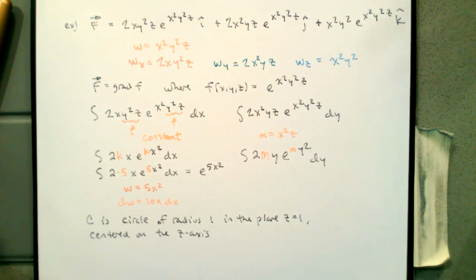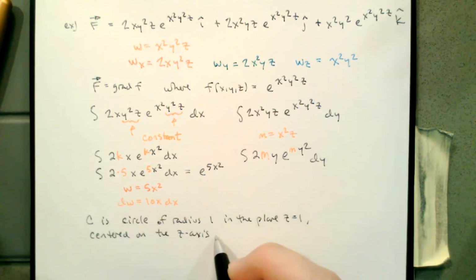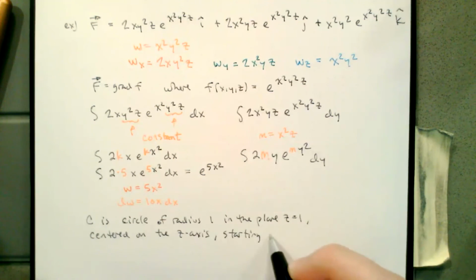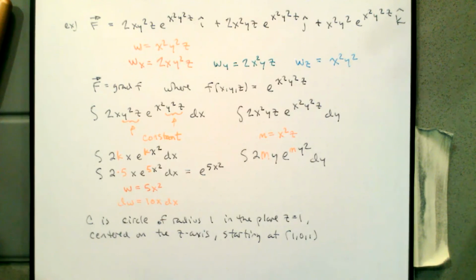At this point, since we know that we're dealing with a gradient field, you should be thinking, dude, just get to the end points. So centered on the z-axis, starting at 1, 0, 1. And you're like, oh, finally, a starting point. And going once around counterclockwise.